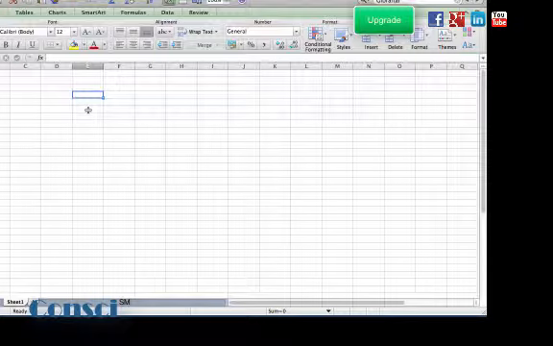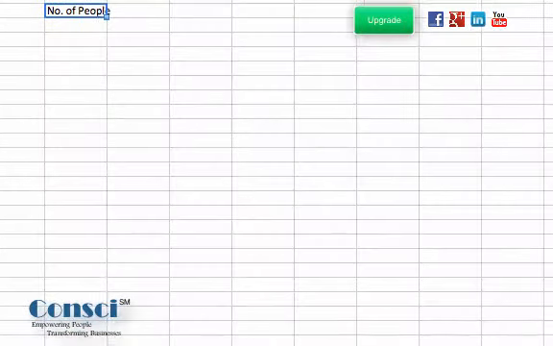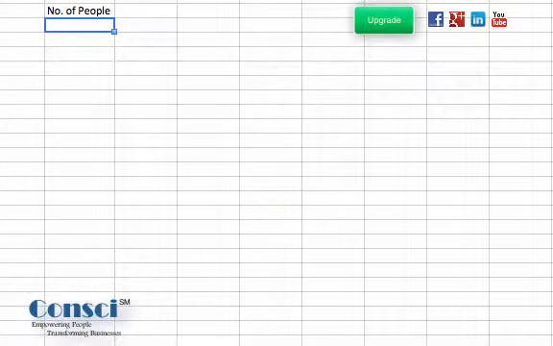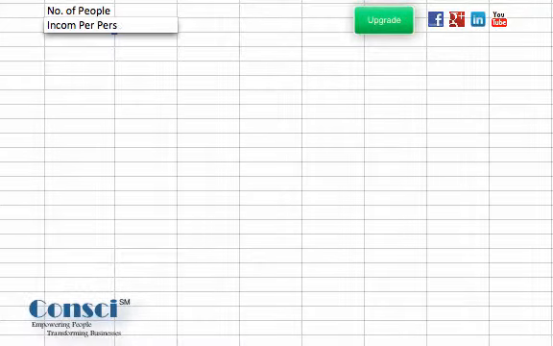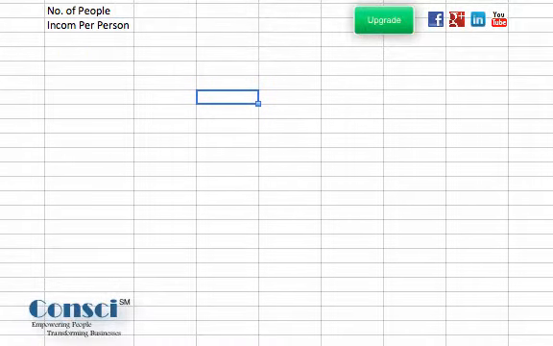Let us say we have number of people and we have income per person. Now all that we want to do is we want to see the outcome of the data points in this table.